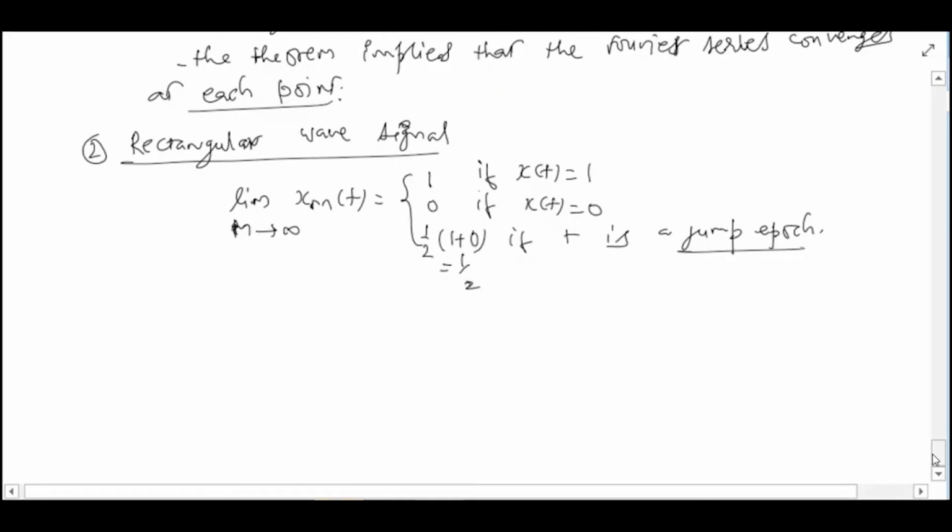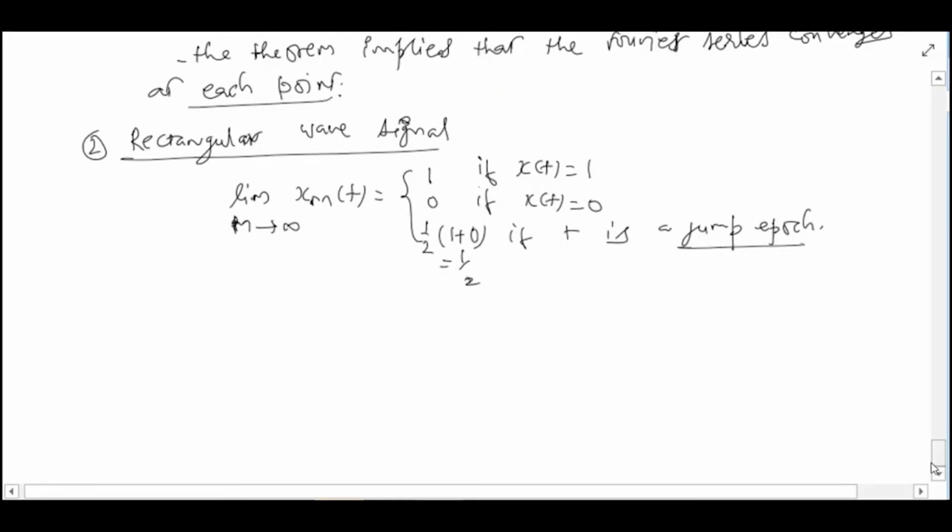Let us now see a few more properties of Fourier series. We have already seen a few properties of Fourier series. The first property says that if there are two signals x and y with identical periods and they have Fourier coefficients a_k and b_k, then the Fourier coefficient of a linear combination of x and y can be written as a linear combination of the Fourier coefficients a_k and b_k.